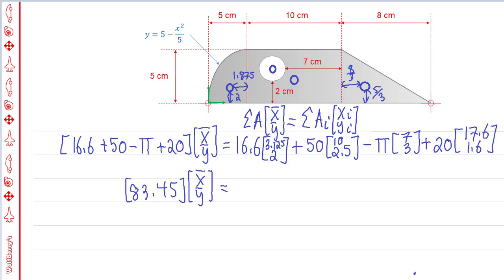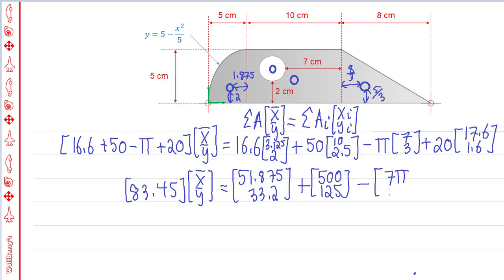So 16.6 times 3.125 is 51.875. 16.6 times 2 is 33.2. Plus 50 times 10 is 500. 50 times 2.5 is 125. Minus pi times 7 is 7 pi. 3 times pi is 3 pi. Plus 20 times 17.6 is 352. 20 times 1.6 is 32.